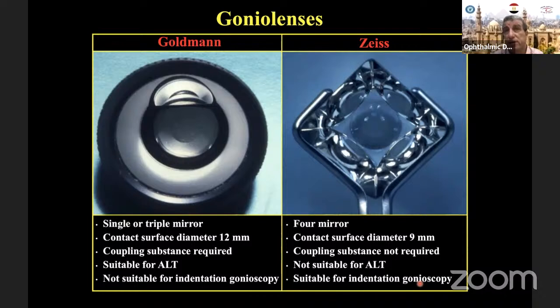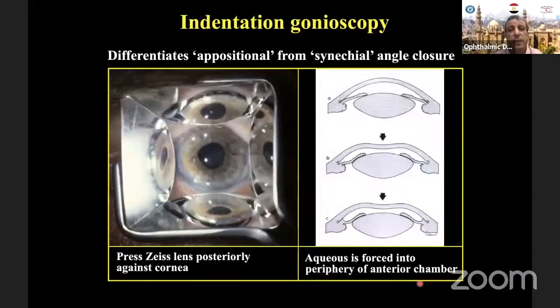Synechial means adherence of the iris to the angle structure, and appositional means forward movement of the iris because it is crowded in the angle of the anterior chamber. As you could see here, here's the angle and these are the different grades.